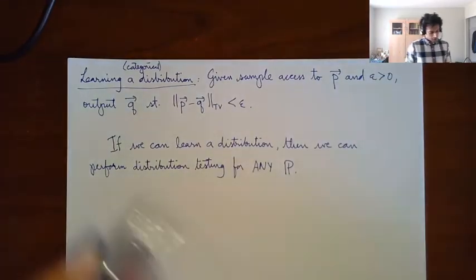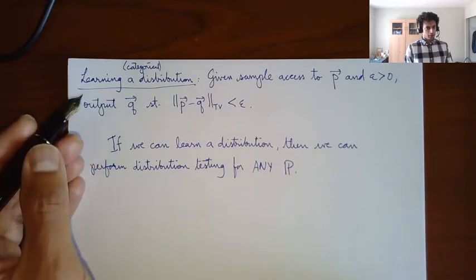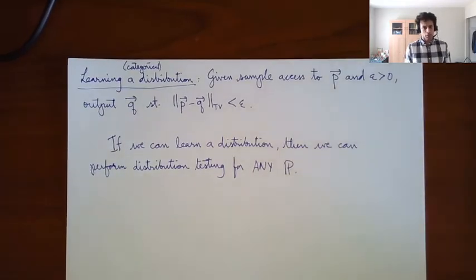And so let's first start with the more basic question of learning a distribution, because if learning a distribution is extremely efficient, then one can just go ahead and learn the distribution. Why do testing?